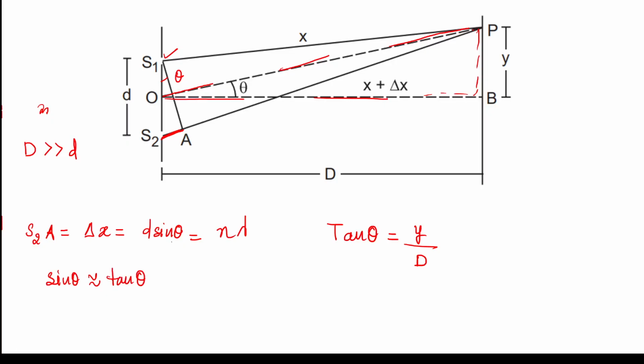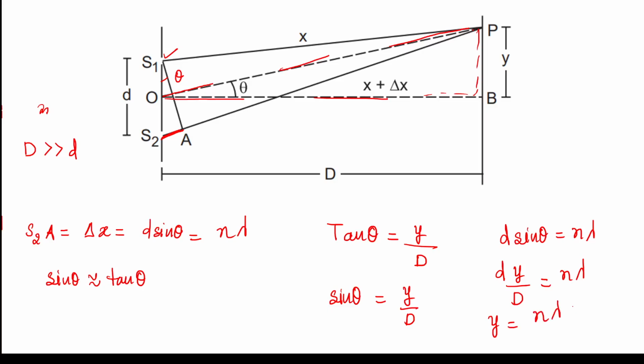So sine theta is equal to y over D, and then plugging in d sine theta equals n lambda, d y over capital D is n lambda. So my y is n lambda capital D over small d. So that is my position of bright fringe. y is the position of bright fringe.